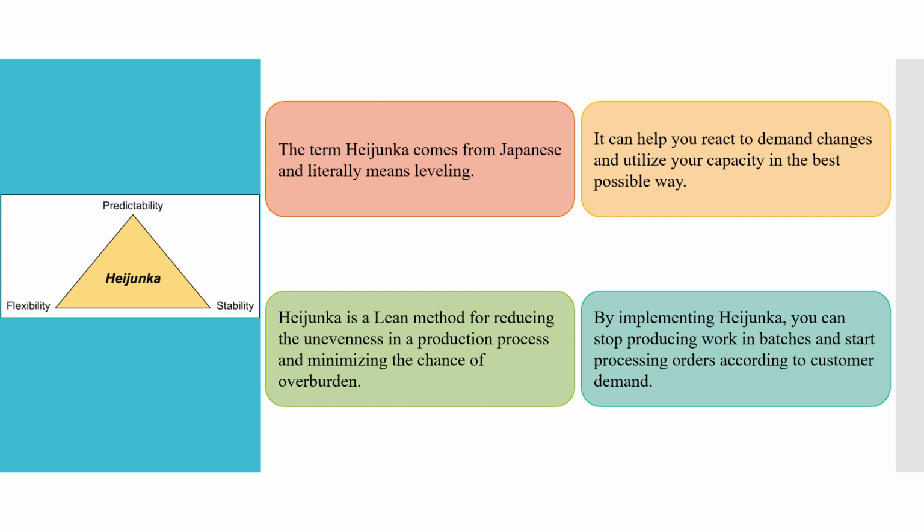So with the help of the Heijunka lean tool, we can stop producing work in batches, and we can simply start producing all the orders according to customer demand, customer needs and requirements. This is the simple definition of Heijunka, and Heijunka basically deals with three different aspects. First is predictability, second is flexibility, and third is stability. So these are the three points which connect with Heijunka.